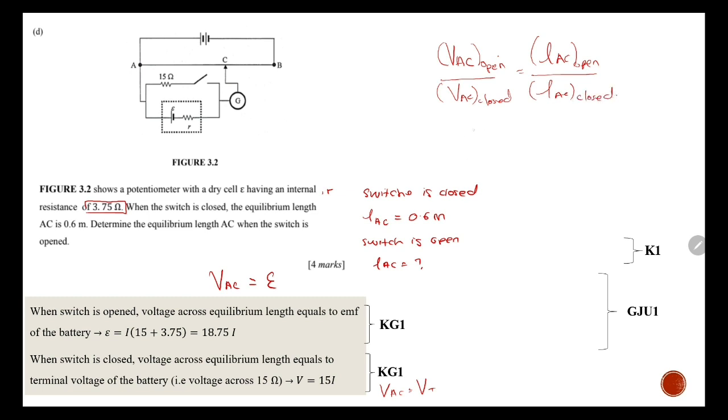So VAC open is the EMF divided by V terminal, which is equal to length AC open per 0.6.